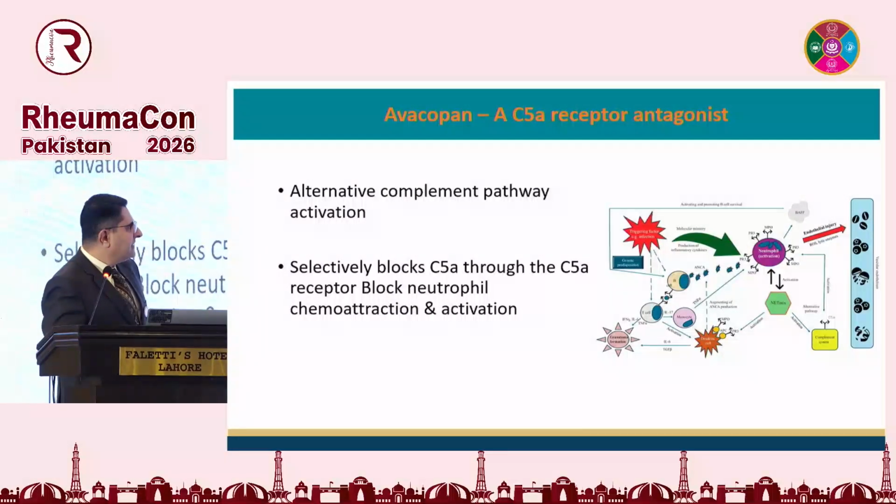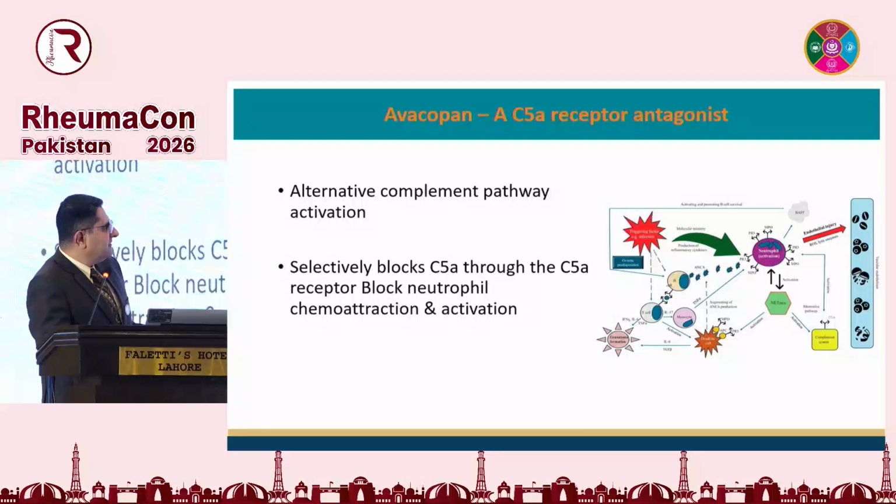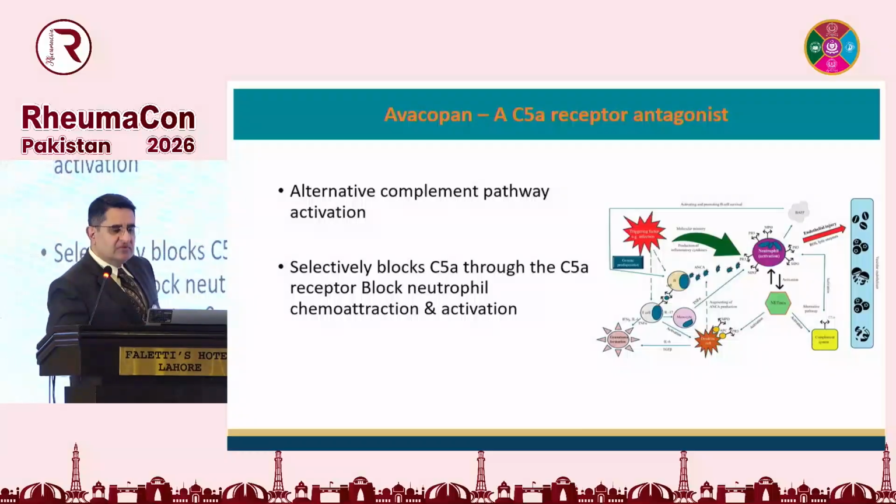So Avacopan selectively blocks the C5a receptor. And how does it occur? This C5a is going to go to the neutrophil. In the next picture, there are receptors for C5a on the neutrophil, and it blocks and stops all the cascade in which it is going to cause endothelial injury and persistent inflammation.